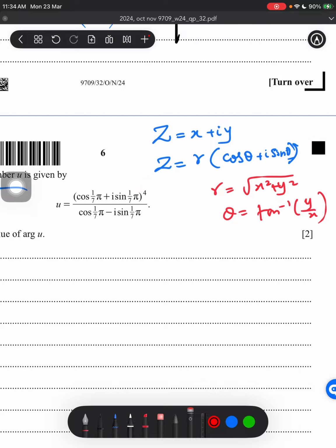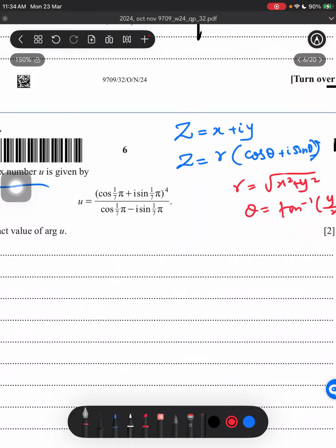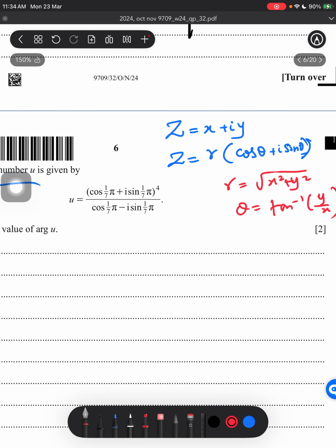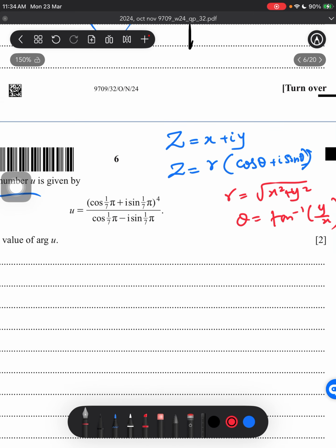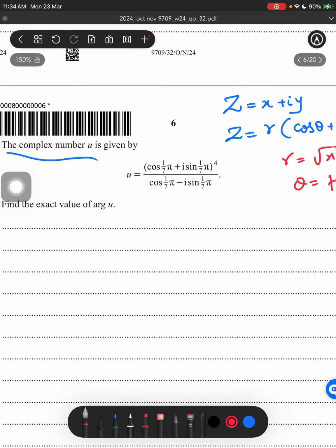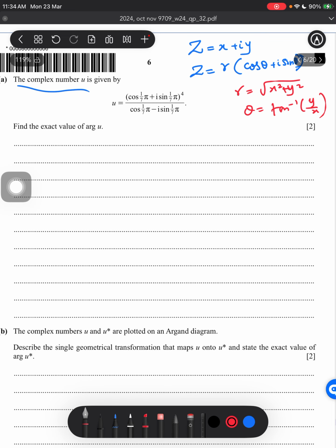So we can write this first equation, and we also know that this form, cos theta plus i sine theta, can be written as e raised to the power iota theta.